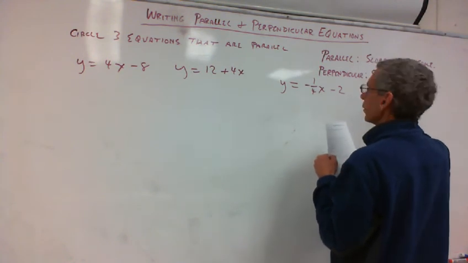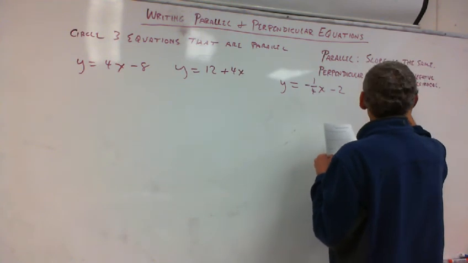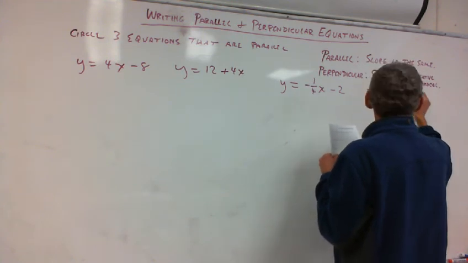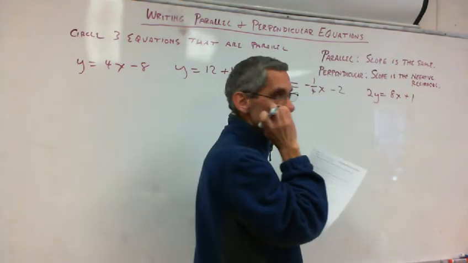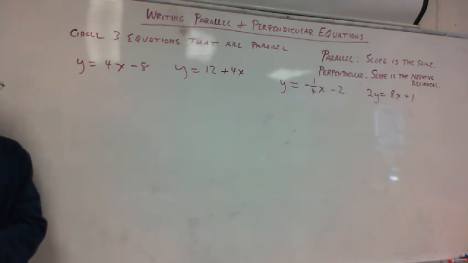What was it again? Oh, yeah. All right. There's 4 equations. Circle 3 equations. Guys, watch this really carefully. I say circle 3 equations that are parallel. It's kind of confusing, don't you think?